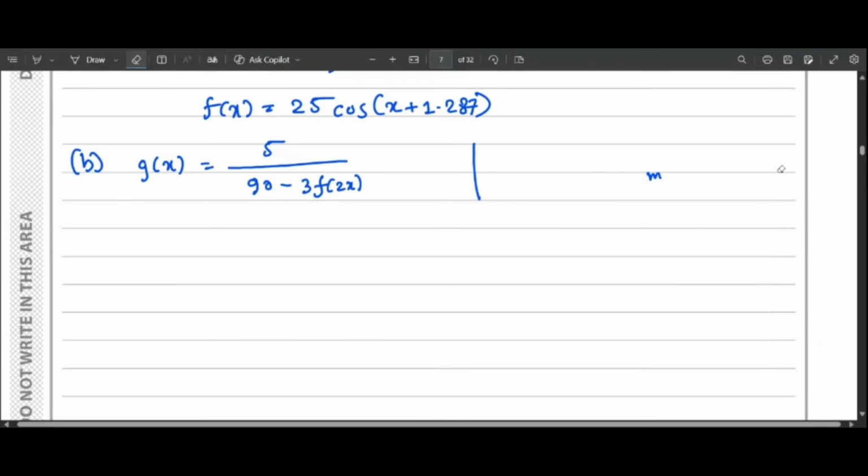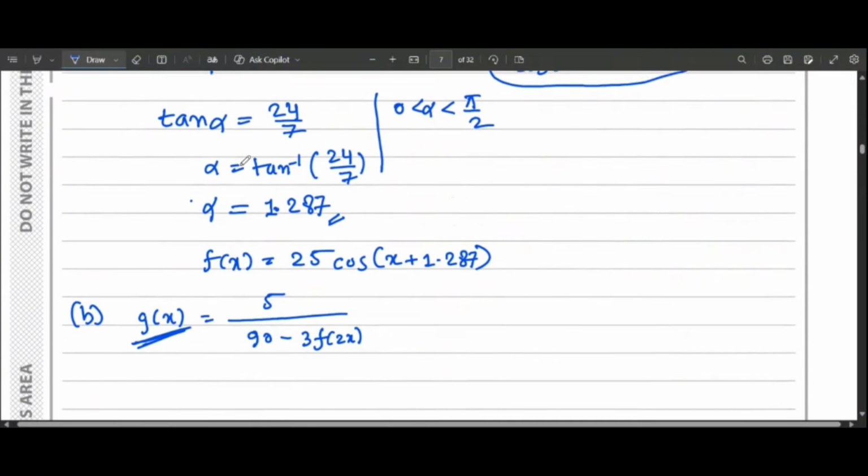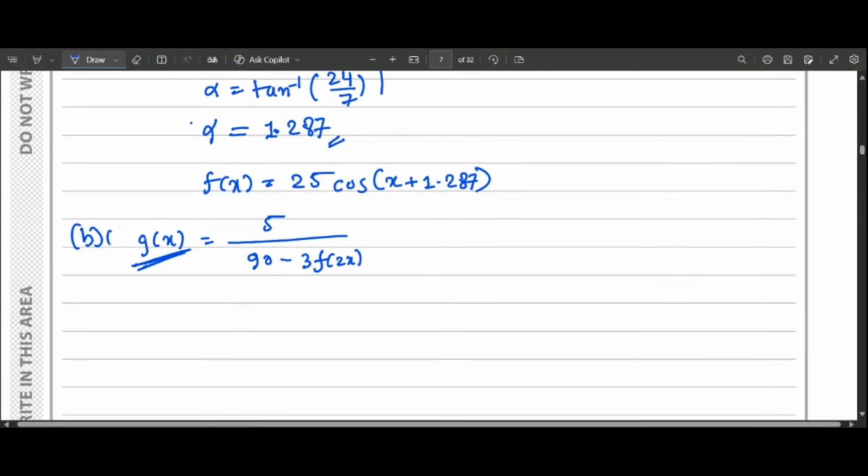From the equation we can see that for g(x) to be maximum, the denominator of this graph, I'm sorry, for g(x) to be minimum, let me check again. Yes, we have to find the minimum value of g(x). So for g(x) to be minimum, the denominator of this function must be at its maximum value.